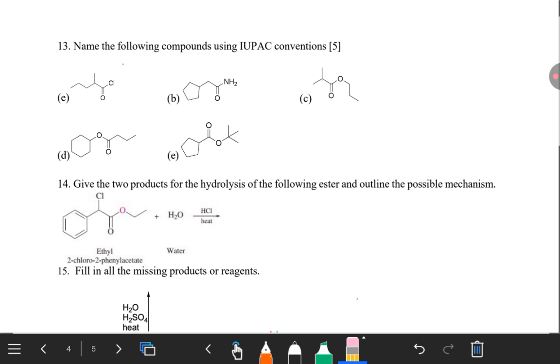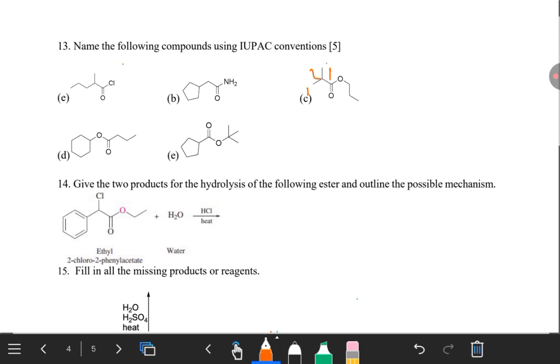So the third one, which is this one, you can see that for this particular one, we can name it as 1, 2, 3. We have 1, 2, 3. Then there is this oxygen there. Then we can start from this carbon, 1, 2, 3.